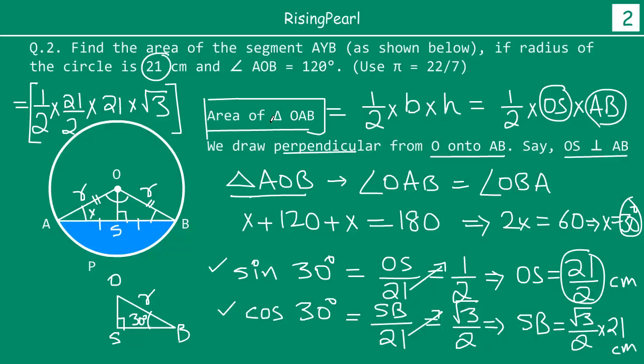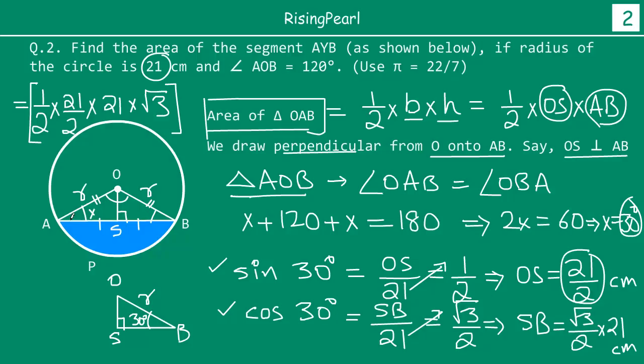To find out the area of a triangle, we need half base times height. So the height is OS, which we can find using the sine. And now to find out the base, we first find out half of the base. Using the cos of the angle, we can find out SB.